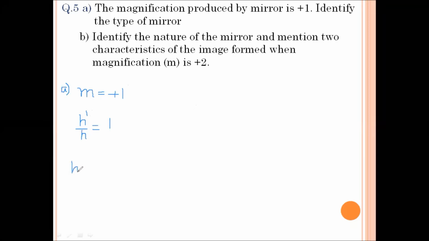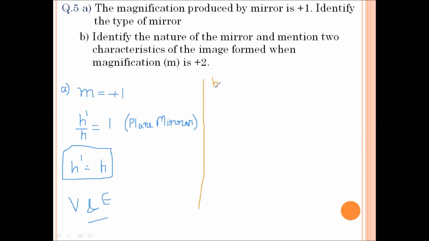So we can write h dash is equal to h. H dash equal to h means the height of the image formed is of the same size as that of the object, and the image formed is virtual and erect. So this type of image is formed in a plane mirror. So this is a plane mirror, because a plane mirror produces an image of the same size, virtual and erect.